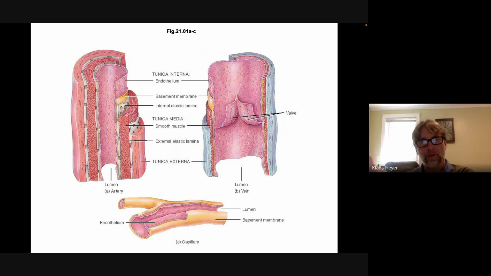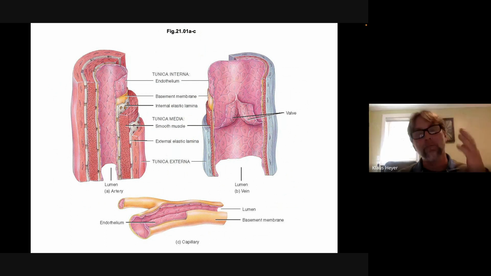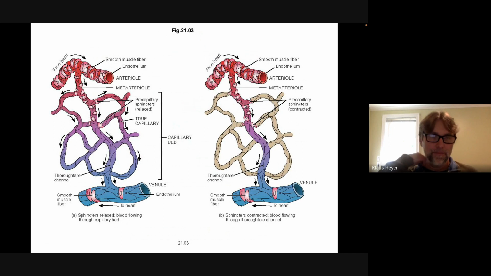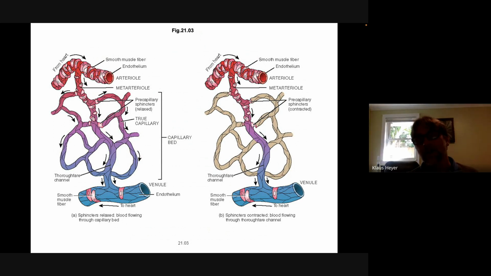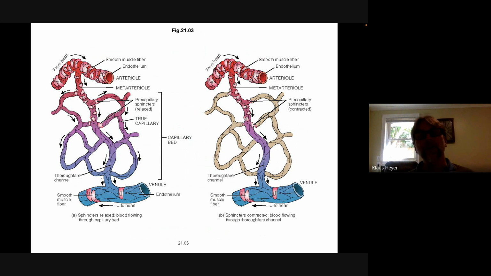They break super easy. So you need to lower the pressure, and that's what arterioles do. By the time, and arterioles have some ability to constrict, so they do constrict, for example, angiotensin 2.